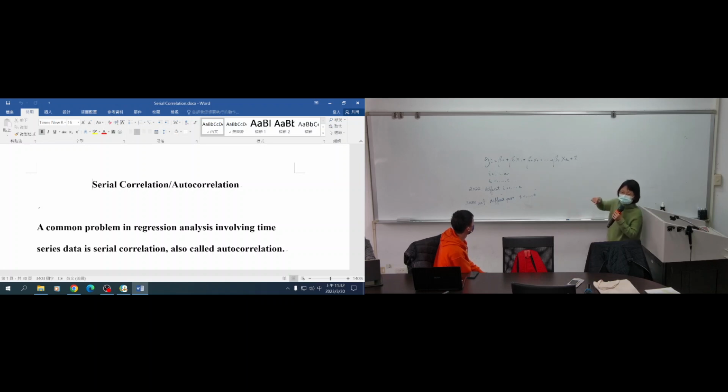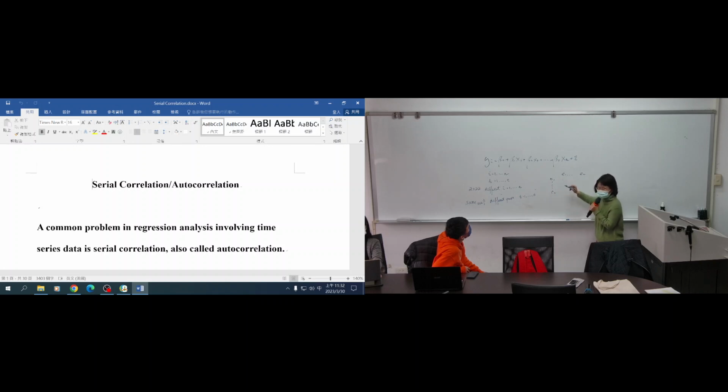The heteroscedasticity problem is related to the residuals, and serial correlation is also related to the residuals, okay? So we look at residuals, and we will have all these residuals, from the first one to the last one, e1 to en.